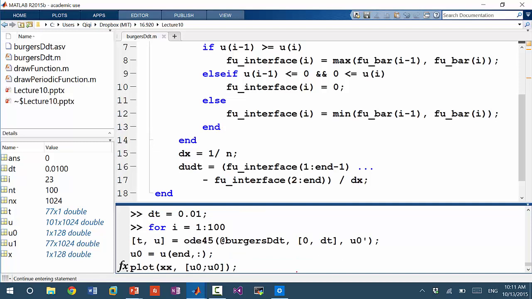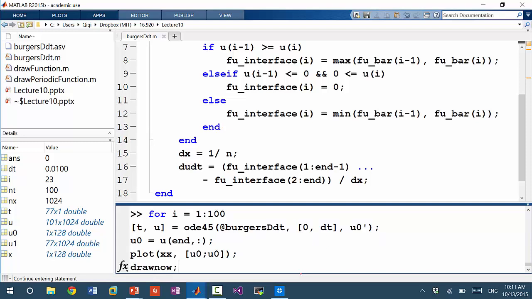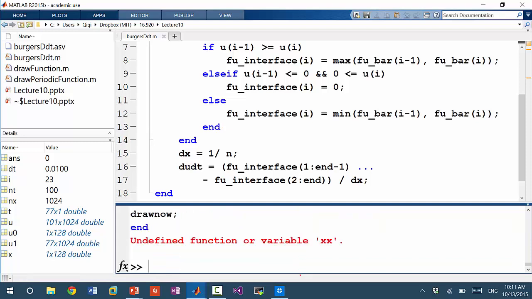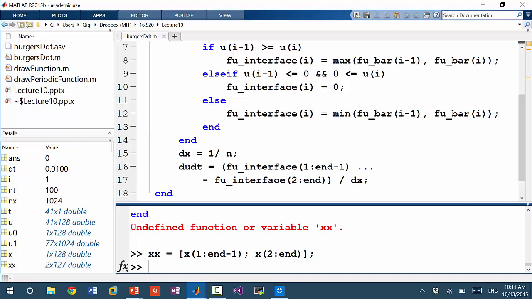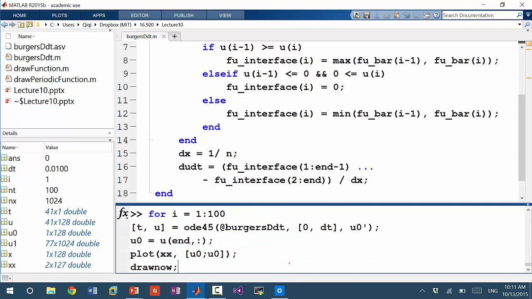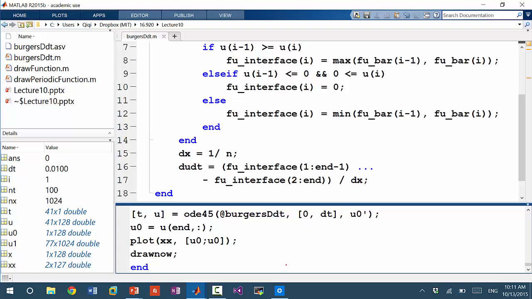Oh, I didn't initialize XX. That's fine, I'll do that later. And the draw now. Of course, I didn't initialize XX. XX is equal to that. So I'm going to redo this for loop. Okay, hopefully that'll work.